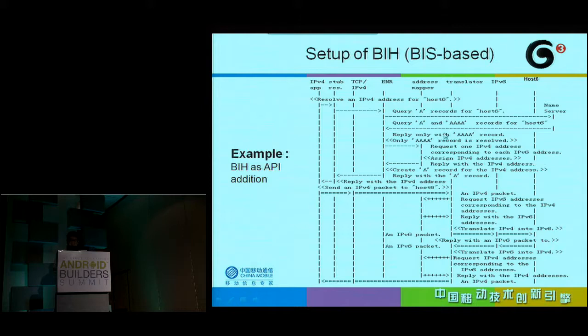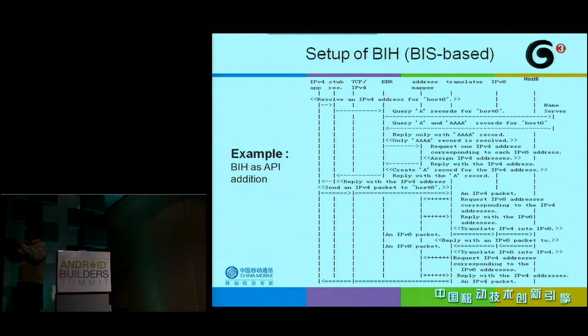The extension name resolver will translate the IPv4 package to an IPv6 package. The BIA-based setup just translates the socket functions, like get host name to get address info. In the BIS-based setup, the translation is in the network layer.